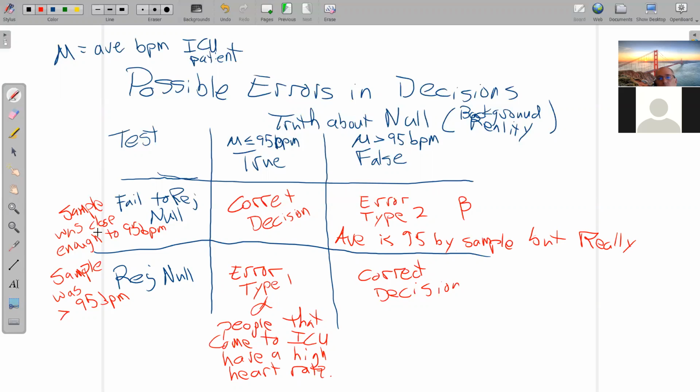My sample says it is 95. So my sample suggests that people who come to the ICU don't really have a high heart rate, but reality is they do have high rates. So my sample suggests, don't worry about heart rate. Somebody comes in with a high heart rate, I say, it's probably no big deal. Then they have a heart attack. Ooh.